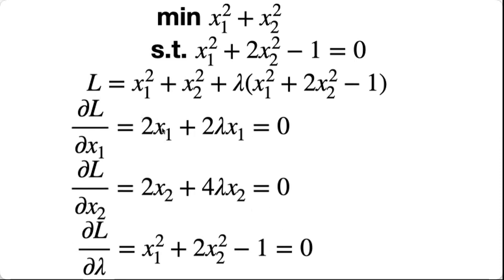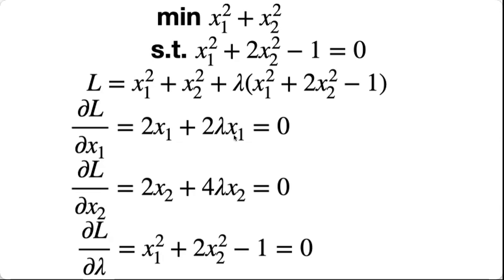So you see that in order to solve this system of equations, it's very simple. From 2x1 plus 2 lambda x1, of course you divide both sides of the equation by 2, right? Then it becomes x1 times 1 plus lambda. So it's clear that x1 can be 0 or lambda must be -1.